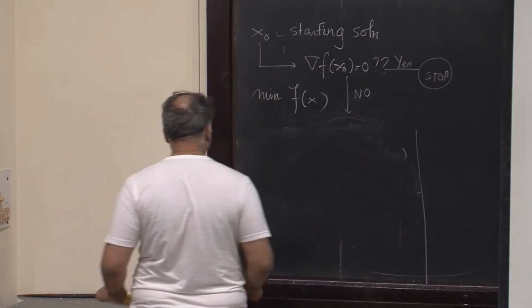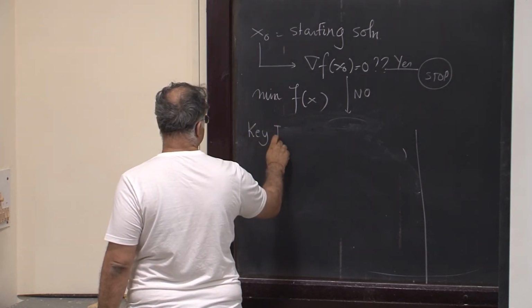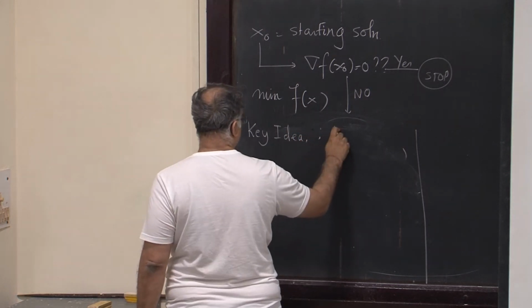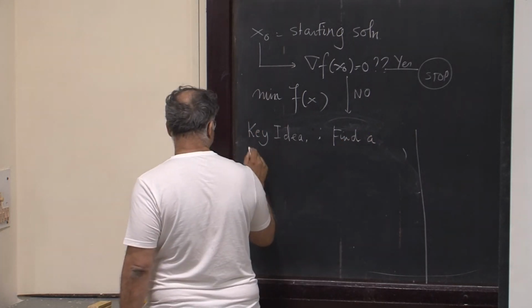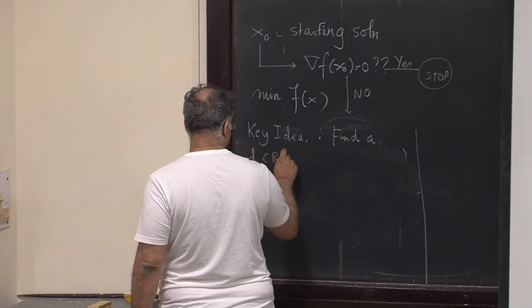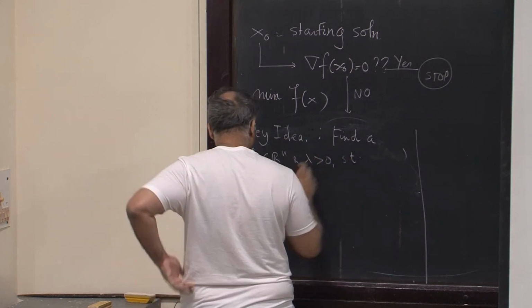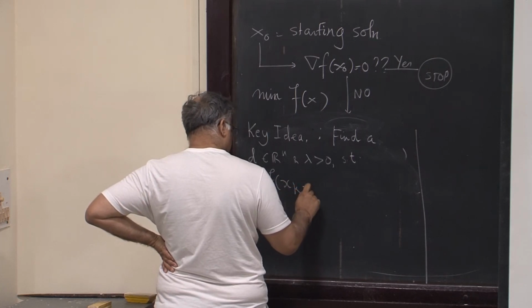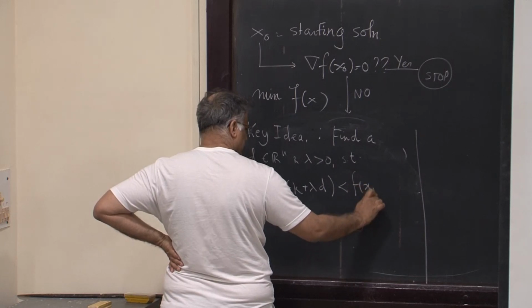The key idea is to find a d, an element of Rn, and lambda greater than 0 such that f of xk plus lambda d is strictly less than f of xk.